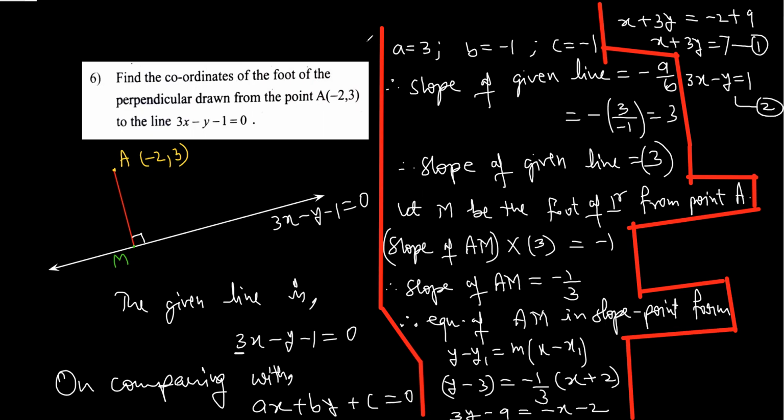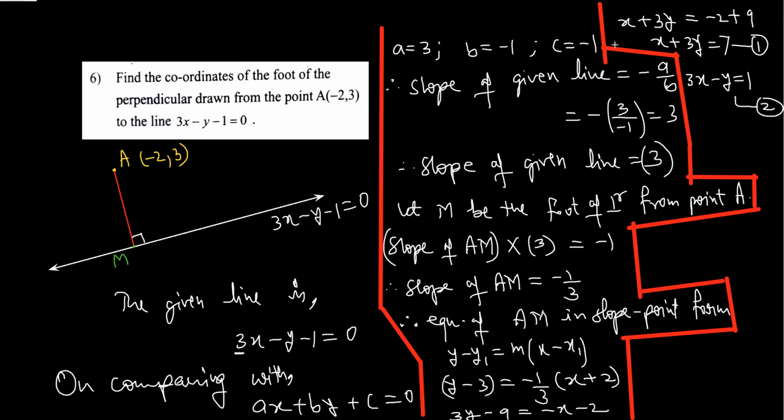What you have to do now? See students, you will solve these two equations simultaneously. This equation, please understand, what is that equation? That equation is x plus 3y equals 7, which is the equation of AM. Okay. And 3x minus y equals 1 is the equation of the given line.